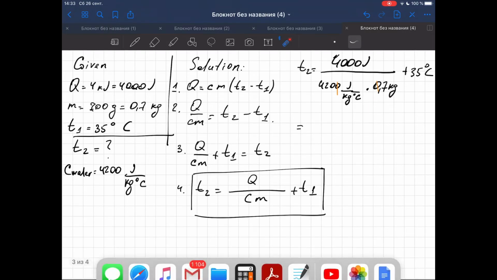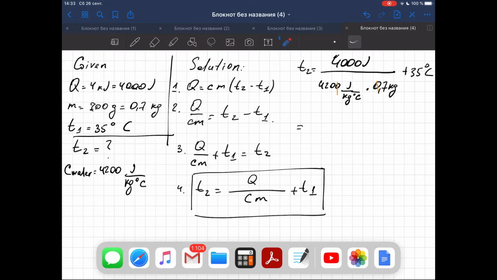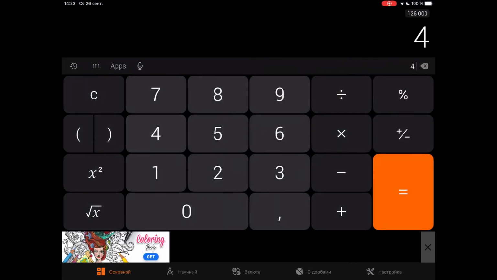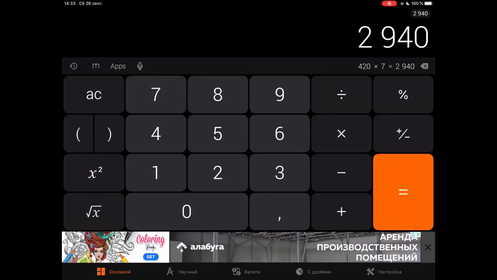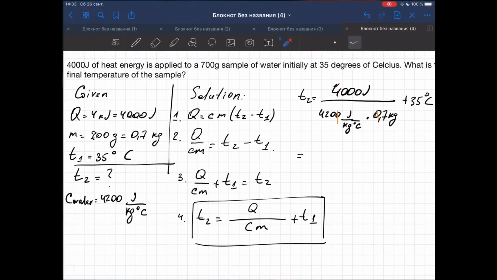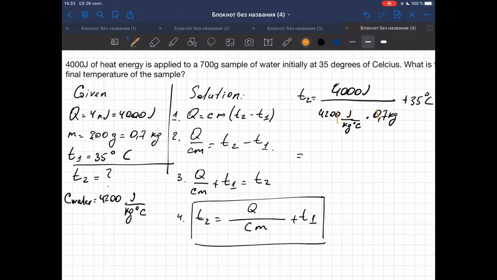So it will be 420 multiplied 7, which is equal to 2,940. The second temperature is equal 4,000 joules divided by 2,940 joules, and we have here the degrees Celsius, and the kilograms will be cancelled.